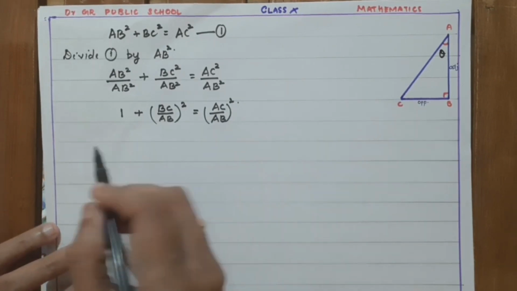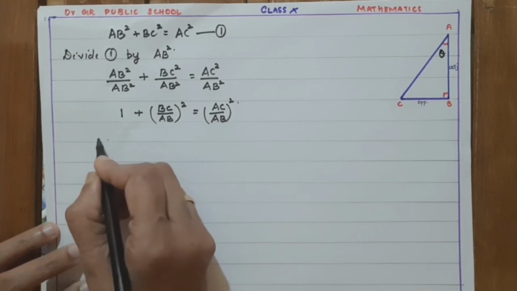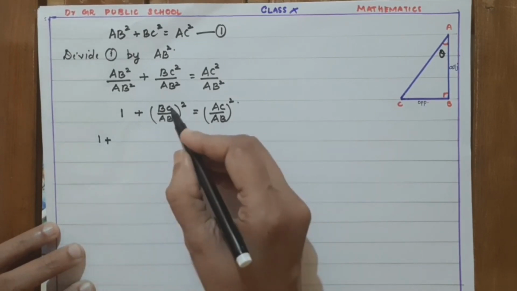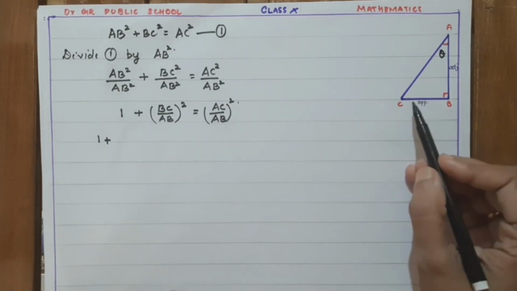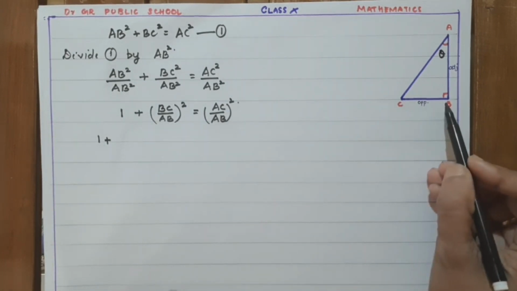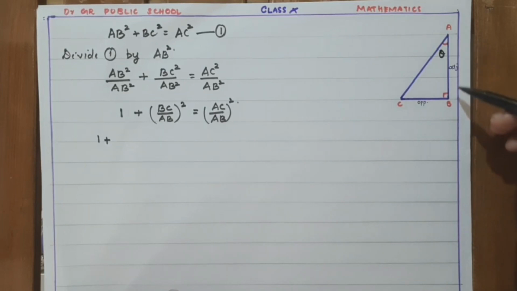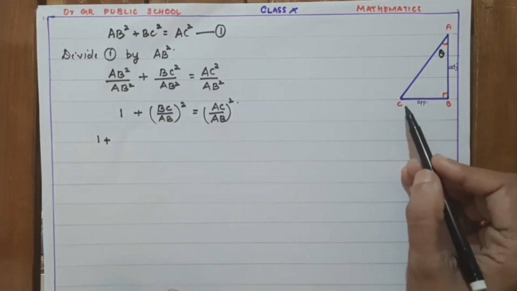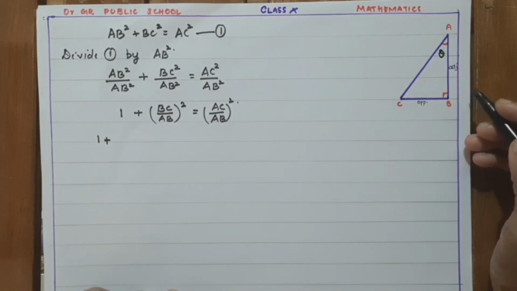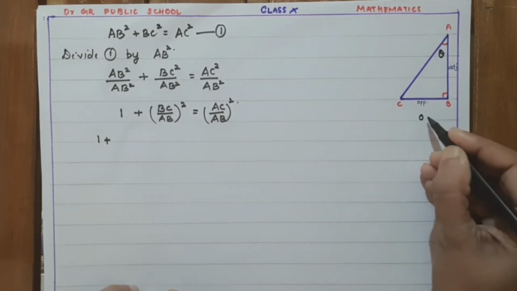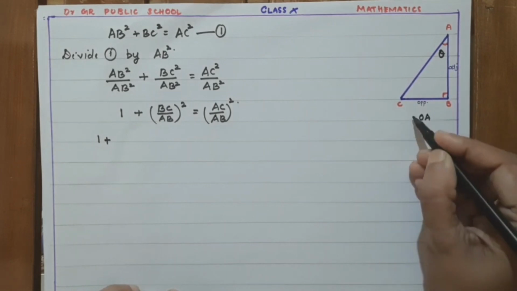Okay, children. Now we have 1 plus, what is BC by AB the whole square? What is BC here? BC is the opposite side, AB is the adjacent side. What is opposite side by adjacent side?